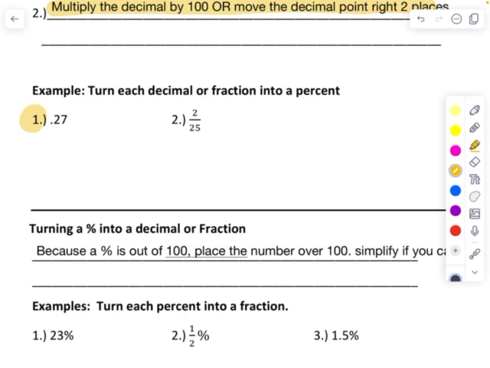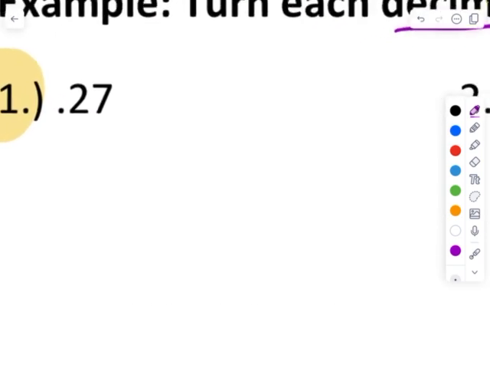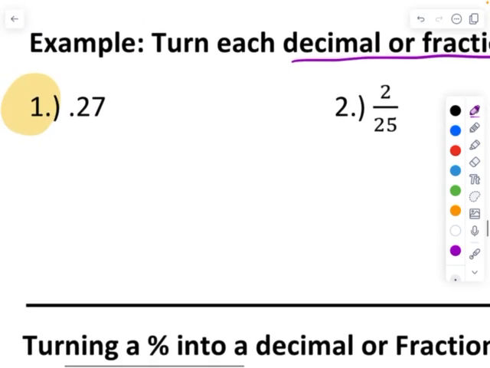Our first example is 0.27. So we're going to turn each decimal or fraction into a percent. So 0.27, we already have a decimal. Let's go ahead and turn that to a percent. We could do it 2 ways. We can multiply it by 100, and if you do that in the calculator, you should get 27.